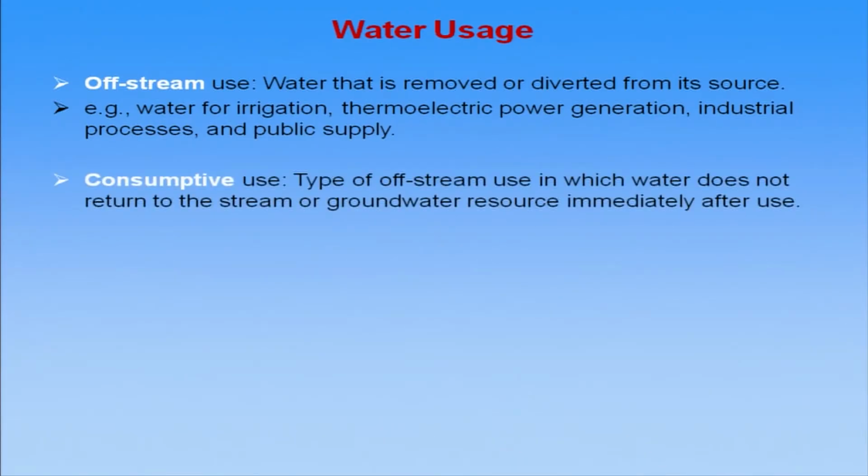Then the second water usage is consumptive use, a type of off-stream use in which water does not return to the stream, because in some of the irrigation plants or the thermoelectric power generation plants, the water will return back to the stream.